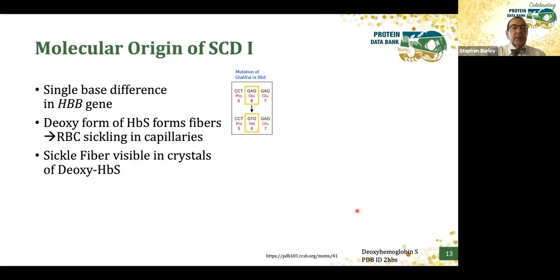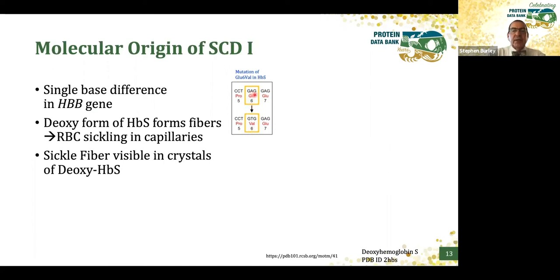So I said that there's a subtle genetic difference, and it's in the gene that encodes the beta chain. This is the HBB gene. There's a single nucleotide difference, a single base difference, which converts the normal glutamic acid at amino acid number 6 to a valine.